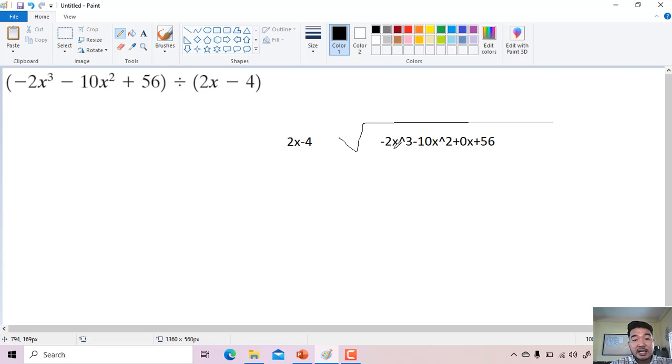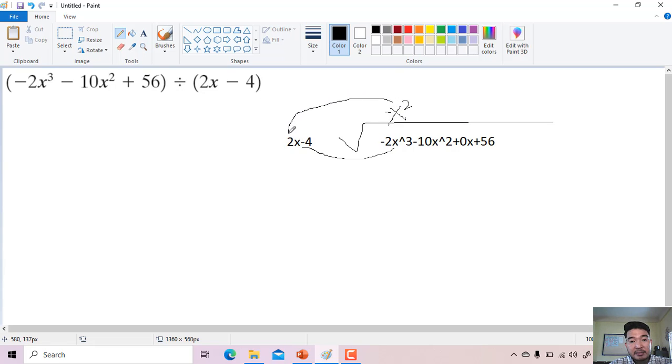I-divide natin si negative 2x cubed by 2x. So that is equivalent to negative 2 divided by 2 is negative 1. So negative yon. Yung 1, di mo nasusulat. X cubed divided by x is x squared. The negative x squared, what do we do with this?